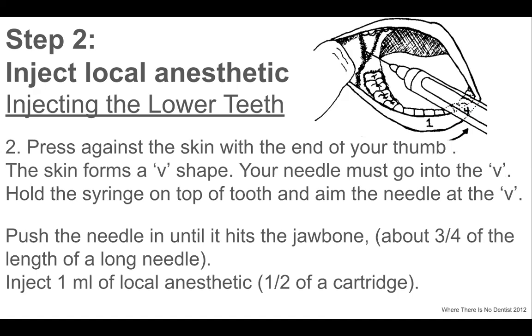Press against the skin with the end of your thumb, and the skin will form a V shape. Your needle must go into the V. Hold the syringe on top of the tooth and aim the needle at the V. Push the needle in until it hits the jawbone, and inject 1 ml of local anesthetic.